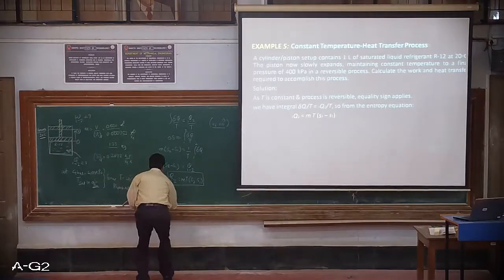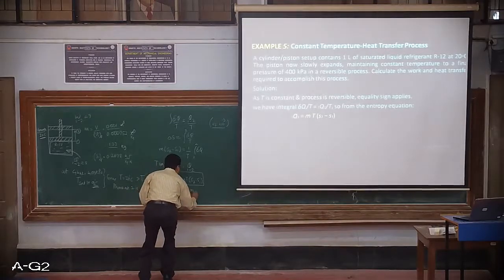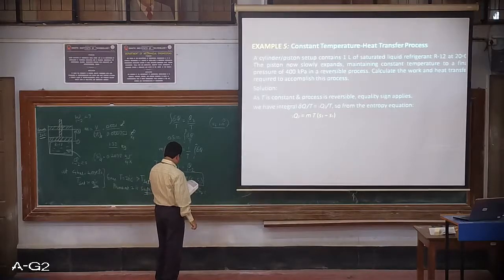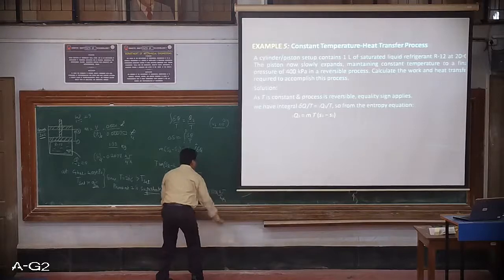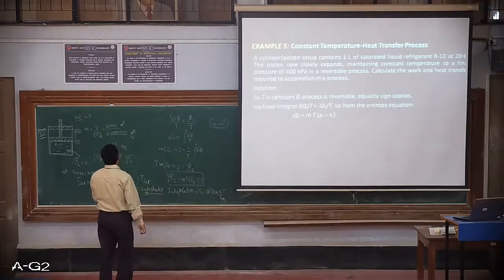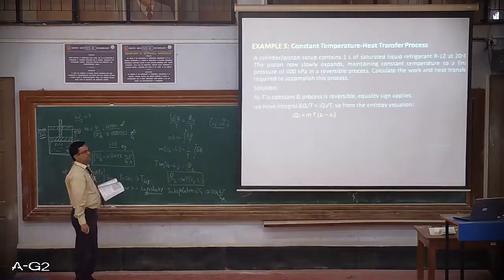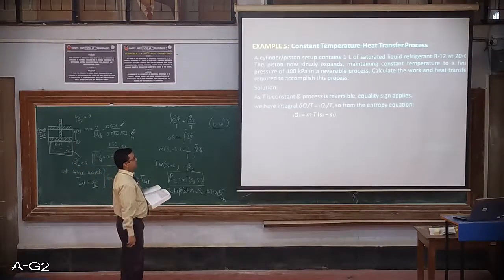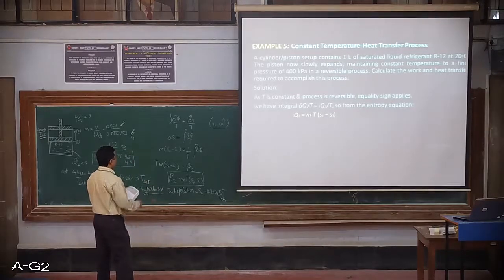After interpolation, the value of S2, which is superheated, is 0.7204 kilojoule per kg Kelvin. SF you can note down from the property tables, since you can get it from the saturated liquid data. Since S2 lies in the superheated region, we need to go to the superheated table and get the value of S2 through interpolation.